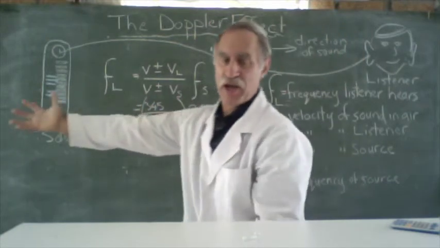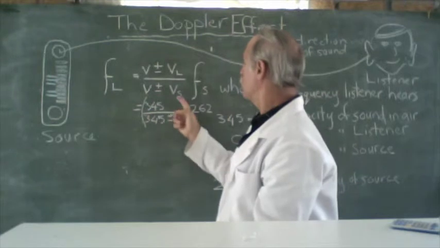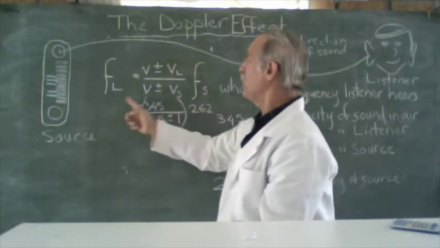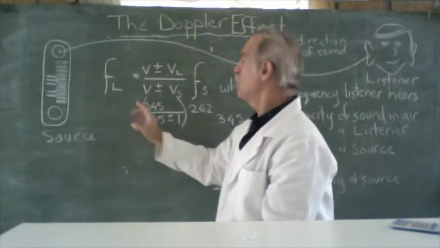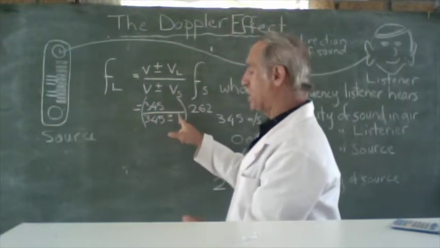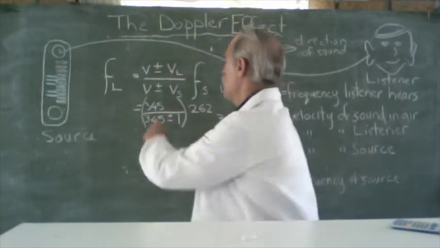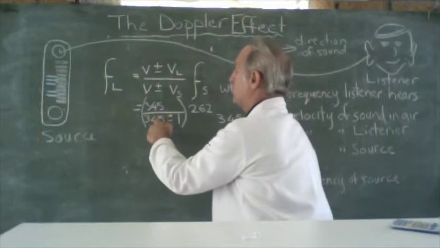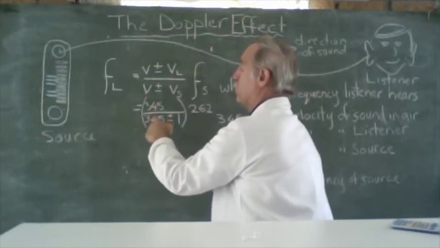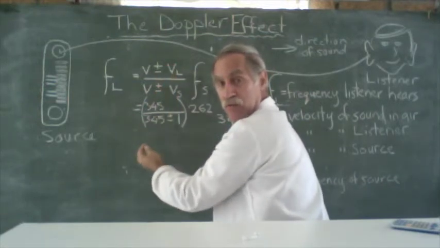So let's see. We know that when the source is coming towards us, this fraction must raise or increase the final frequency. So must we subtract or add 1 underneath as the denominator? Well, let's think about it. If we have 345 upon 345 plus 1, it's 345 upon 346, and that's going to lower the frequency.